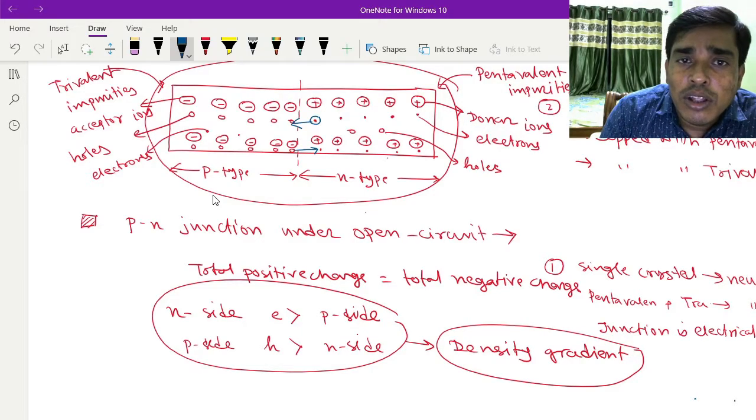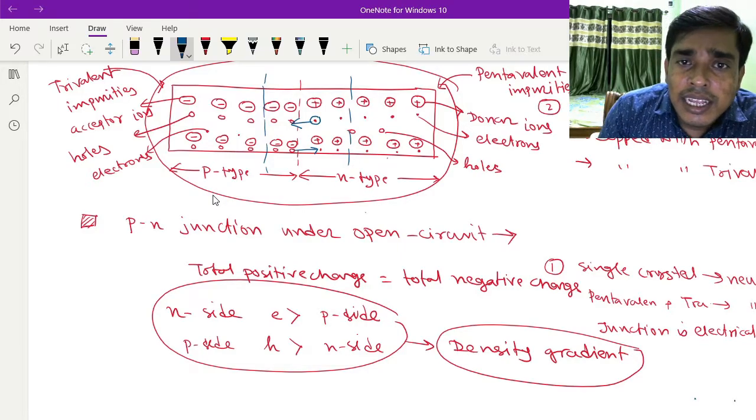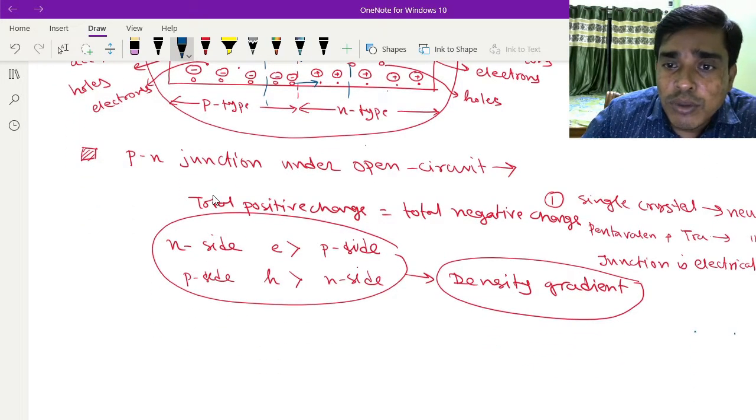So in this way, across the junction, there is a movement of carriers. This electron moves towards the p region and it recombines with the holes. So this is a recombination process.